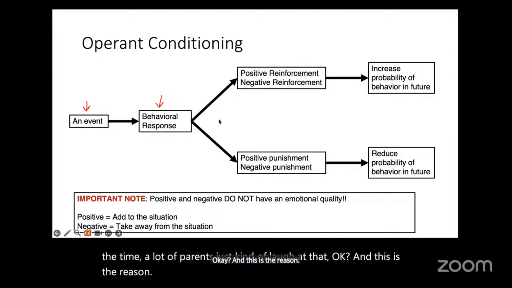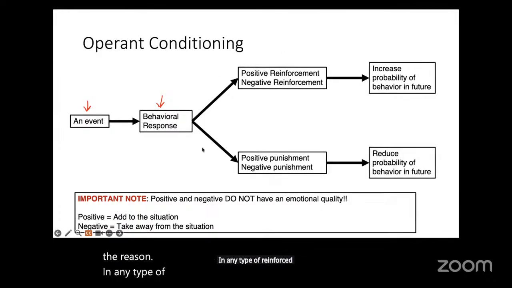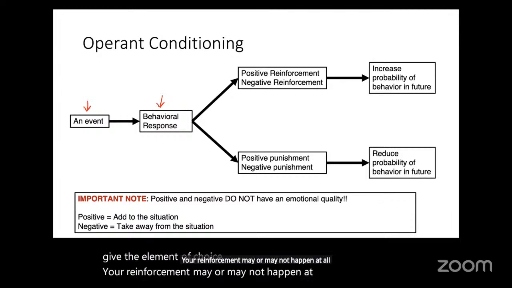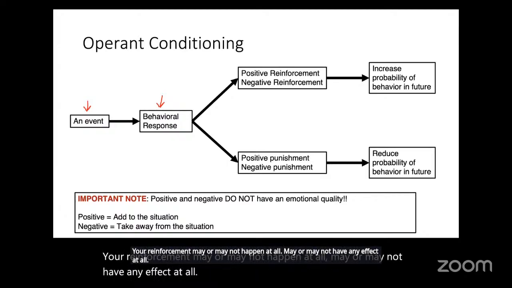In any type of reinforced behavior with human beings, once you give the element of choice, your reinforcement may or may not happen at all, may or may not have any effect at all. Okay.